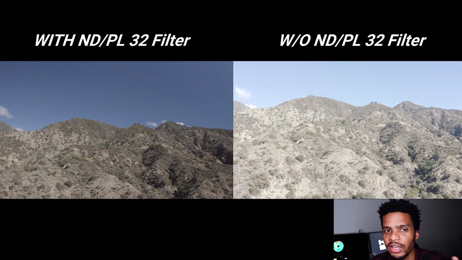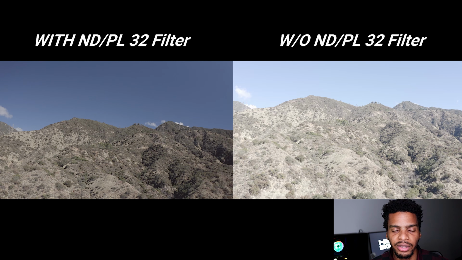Let's actually backtrack for a second. What do ND, PL, all this mean? There's actually a bunch of videos on what ND, neutral density, and polarization are. I'll link you to a couple of my favorite ones that taught me when I was first starting out. But I can do a quick basic explanation for you guys because I love you guys. ND stands for neutral density, and in the plainest terms, it reduces light coming into your camera, drone, whatever it is.